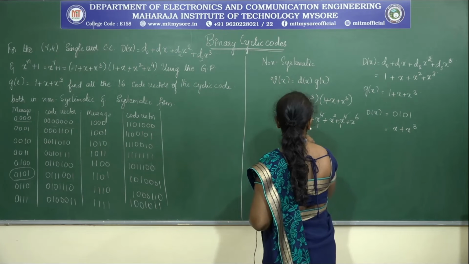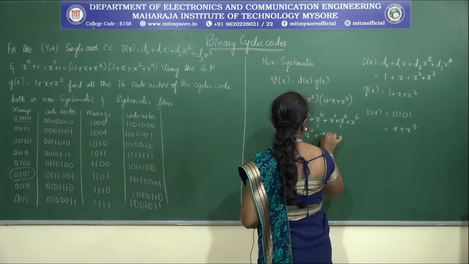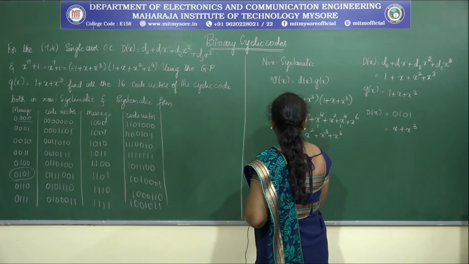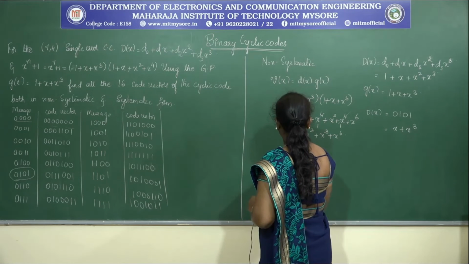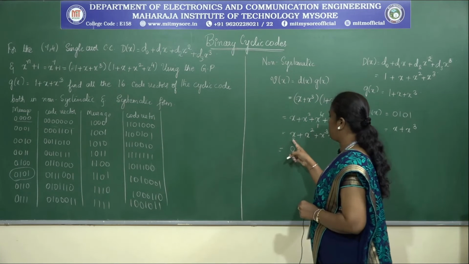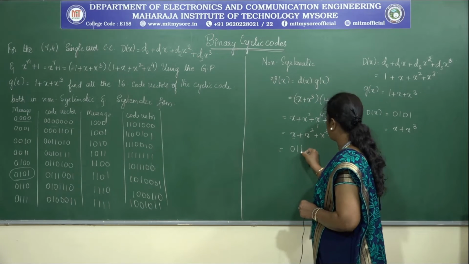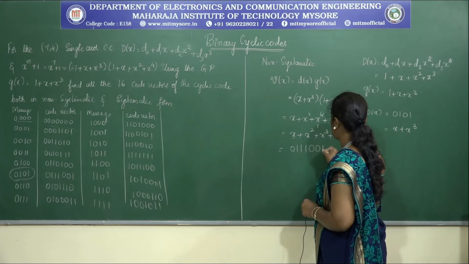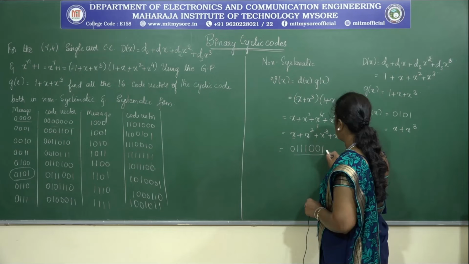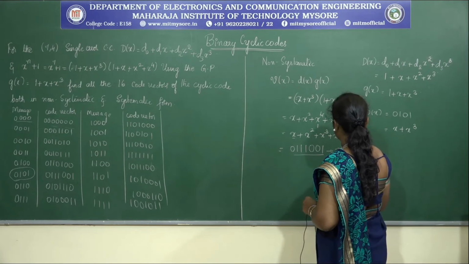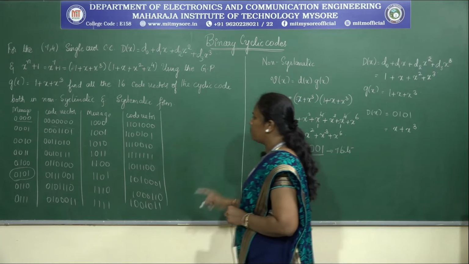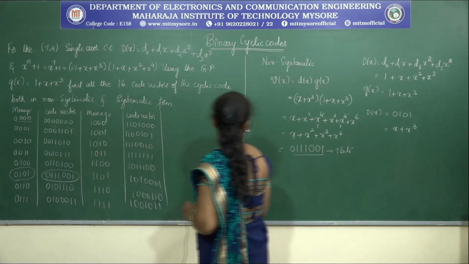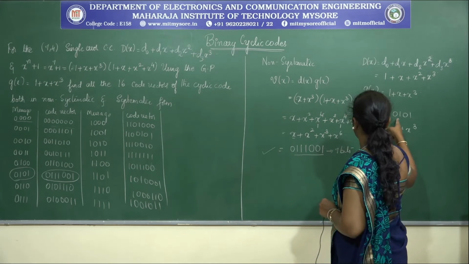So we are left with x plus x square plus x to the power of 3 plus x to the power of 6. x to the power of 0 is not there, so it is 0. x to the power of 1 is 1, x square, x3 is there, x4 is 0, x5 is 0, x6 is 1. So the length of the code vector is now 7 bits. Let us check whether we got the same answer: this is the answer we arrived at for the message vector 0, 1, 0, 1.